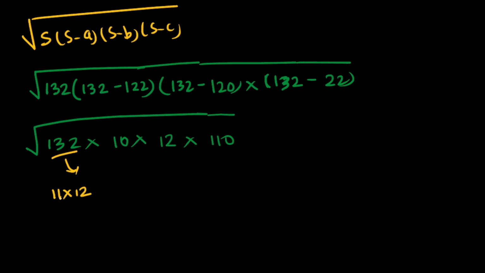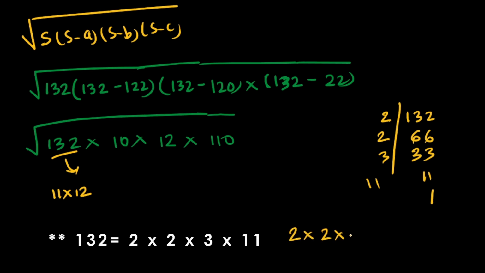If you have difficulty in writing like this, you can solve like this for 132: 2 over here, then you have 66, again 2, then you have 33, you'll take 3, you'll get 11, you'll take 11, then you have 1. So you can express 132 in terms of 2 into 2 into 3 into 11. You can express it like this, or you can express it in the form of any numbers.